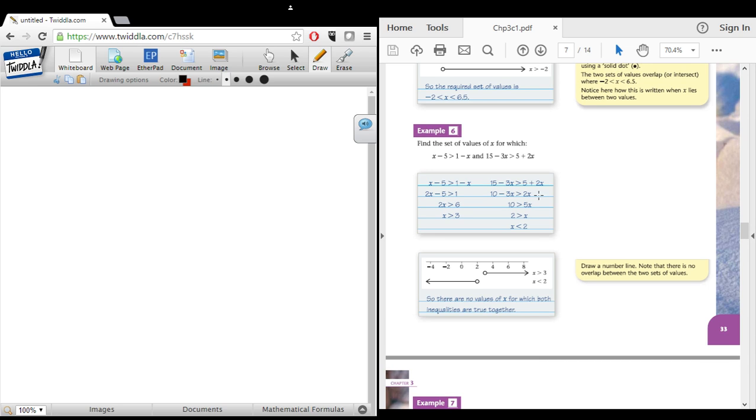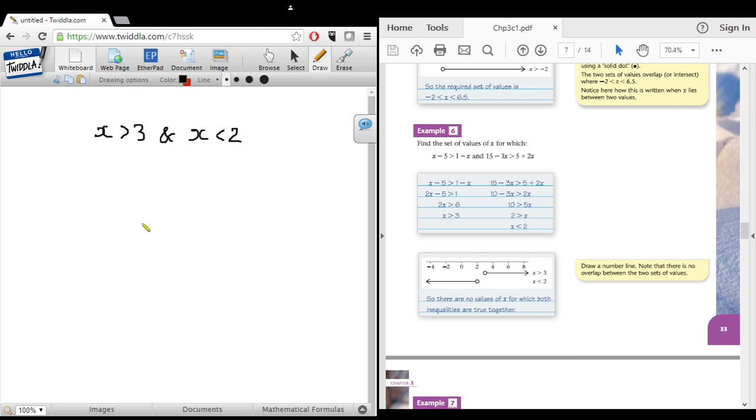Now it's not very difficult to do, because literally all you have to appreciate is when you have the two rules after going through the working out, then you can appreciate what the answer is going to be. So in this case it says x is greater than 3, and it says x is less than 2.